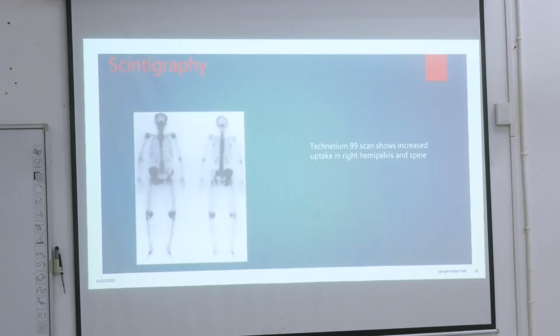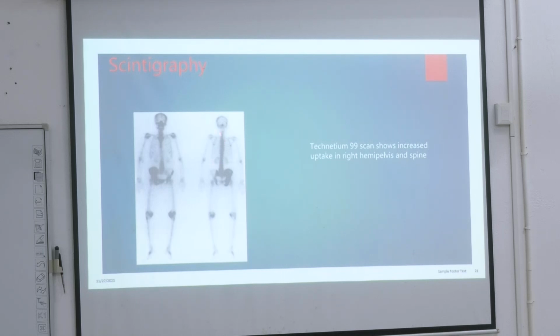And now, technetium-99 isotope scintigraphy. It shows increased uptake in the right hemipelvis. You can see there is increased uptake of the radioisotope in the right pelvis, and the spine also.